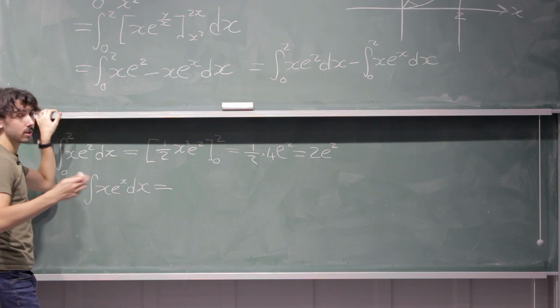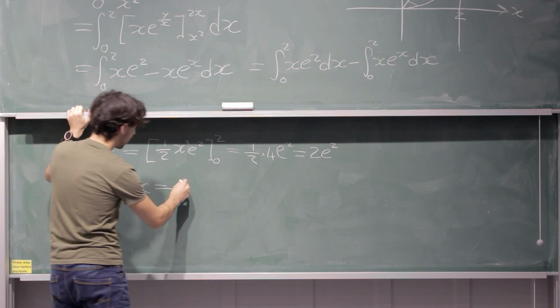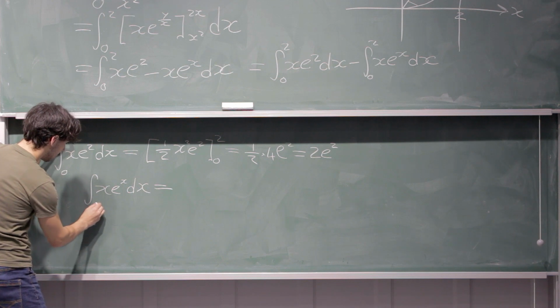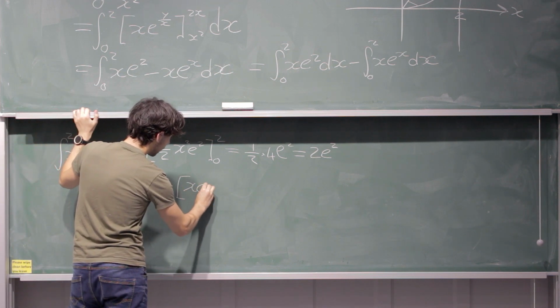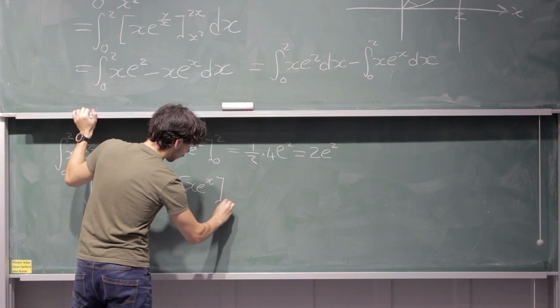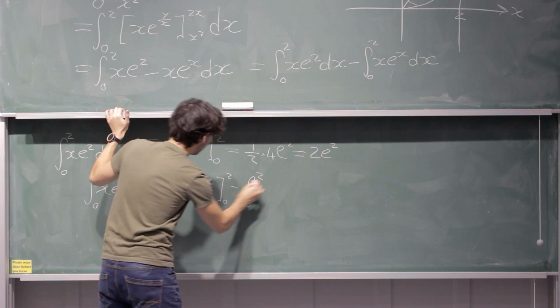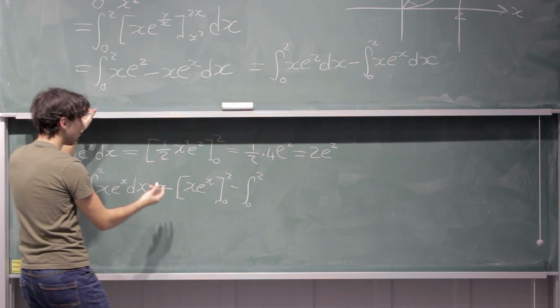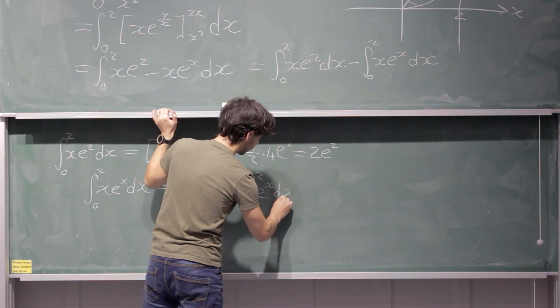So if in our heads we let u be x, then this would end up being, and this is from 0 to 2, xe to the x from 0 to 2 minus the integral from 0 to 2. The x would be differentiated, and so it would just be e to the x dx.